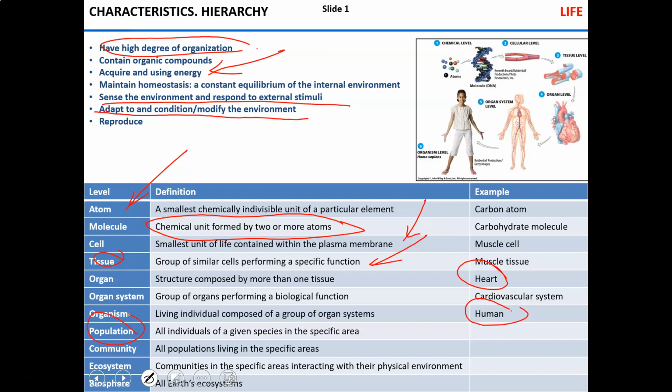When a community in the area interacts with the physical environment, meaning mountains, deserts, lakes, various climate features, they form an ecosystem of tundra or temperate forest or boreal forest or grassy steppes. All those are different ecosystems, and all those ecosystems form the Earth's biosphere.